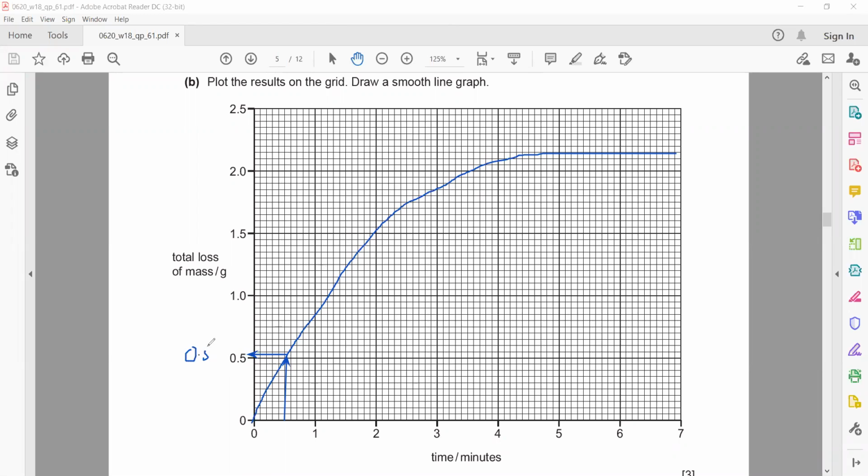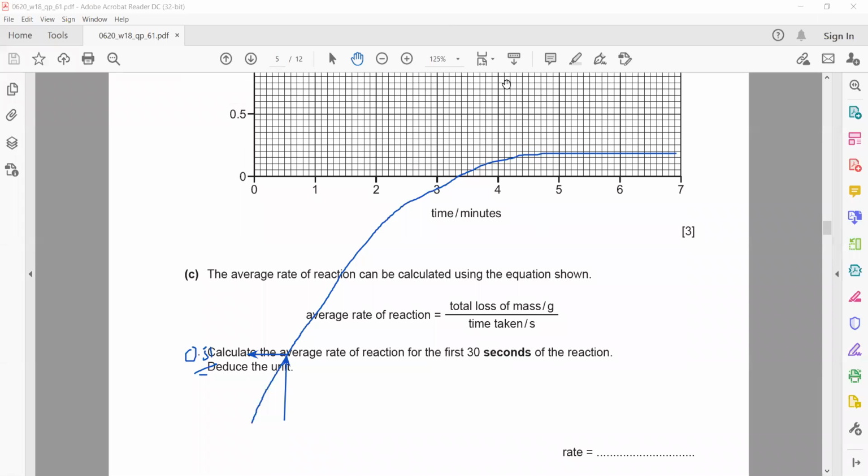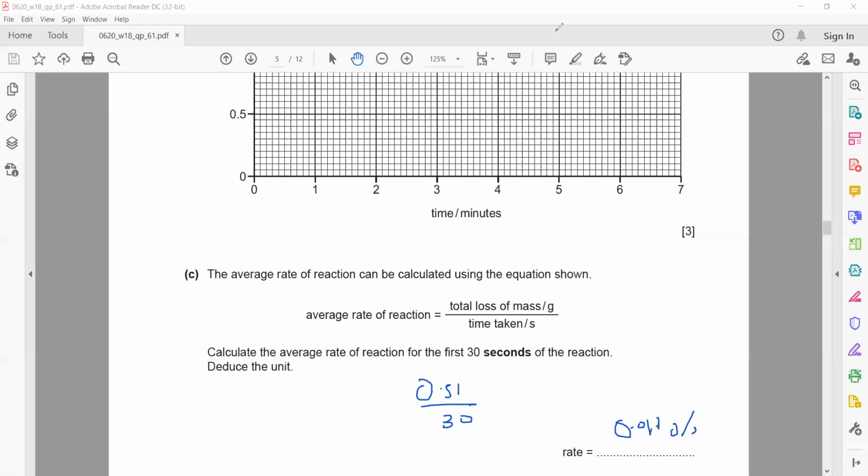Example, if it is 0.51, then 0.51 is the loss in mass and time in seconds is 30. So 0.51 divided by 30. What's the answer for 0.51 divided by 30? 0.017 gram per second.